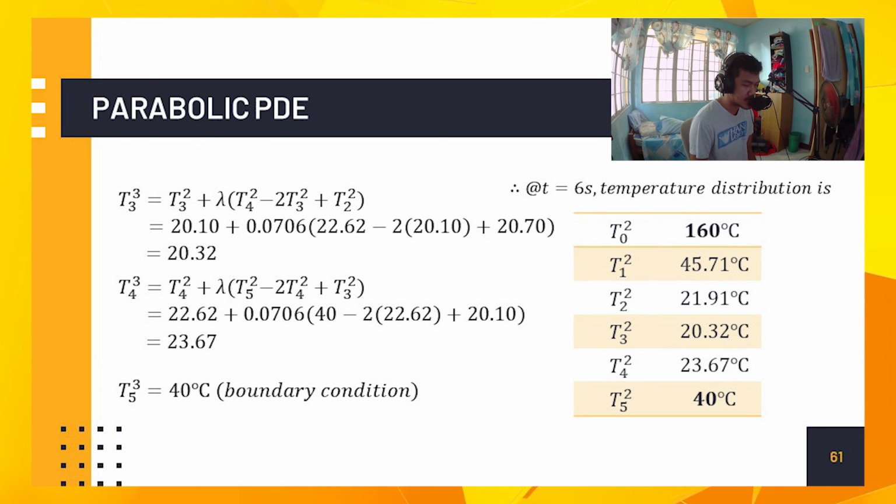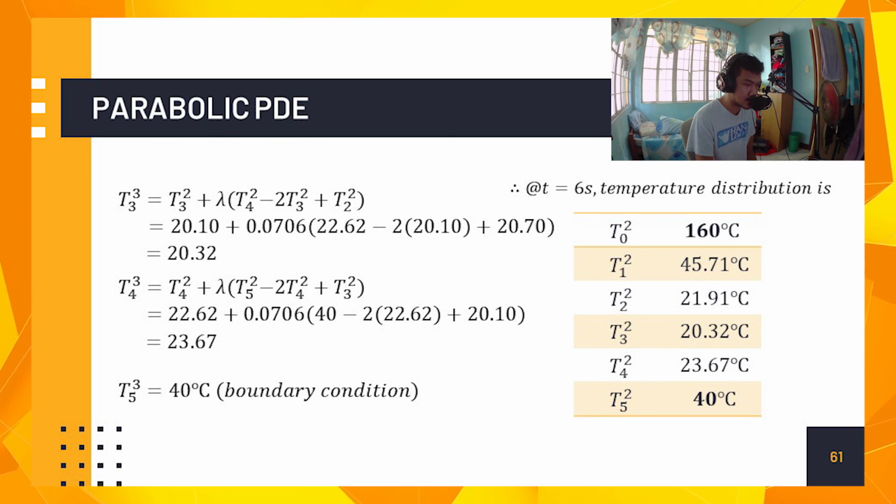And lastly, for T sub 5 raised to 3, we have 40 degrees Celsius, which is again the boundary condition. And for the last temperature distribution, we gather all those values for t equals 6 seconds. And this is now our table of values.